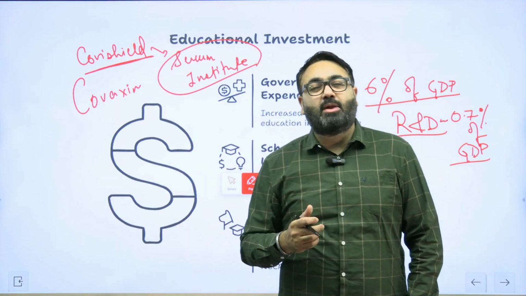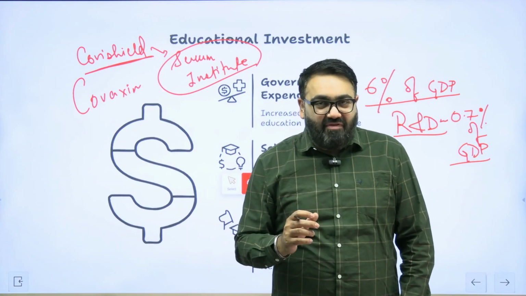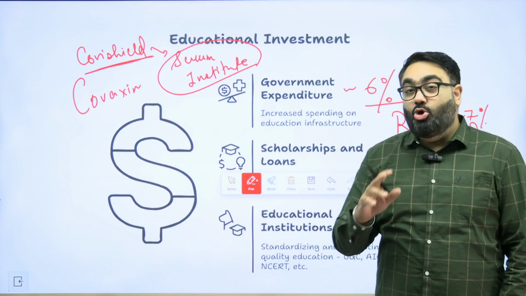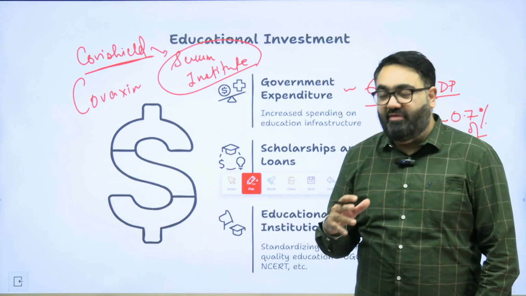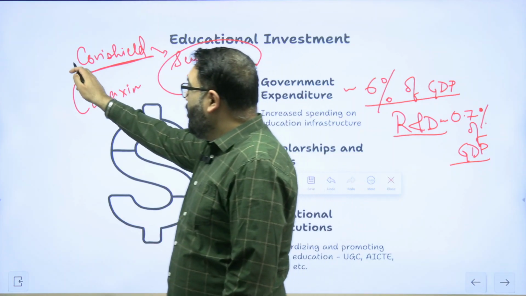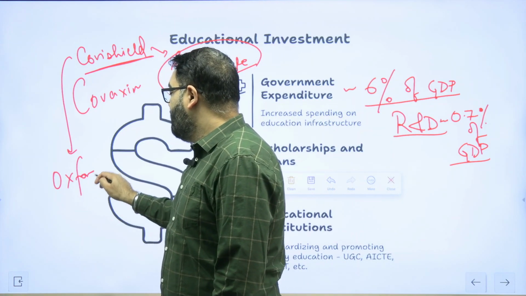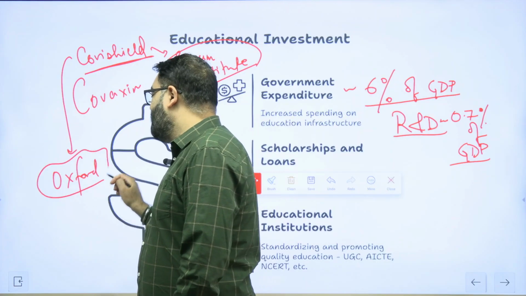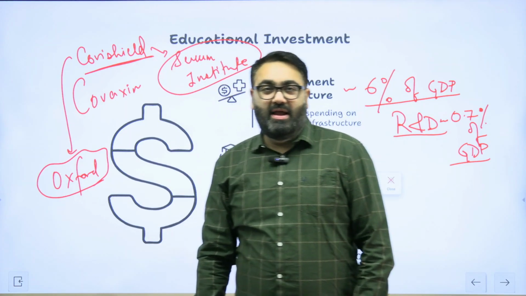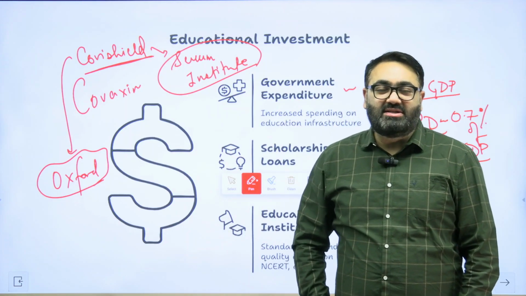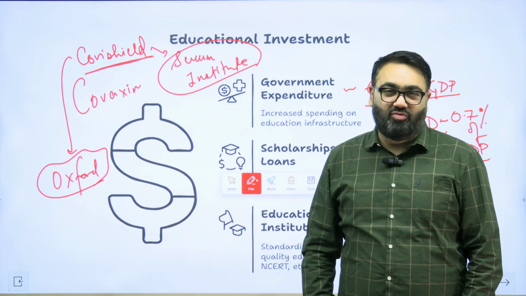Who were the people who did all the research and found out how the vaccine is to be made? Any idea? Covishield was actually developed or invented by Oxford University along with a pharmaceutical company like AstraZeneca. It was actually Oxford University that did all the research and invented the formulation of Covishield.